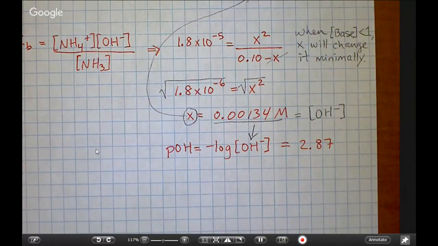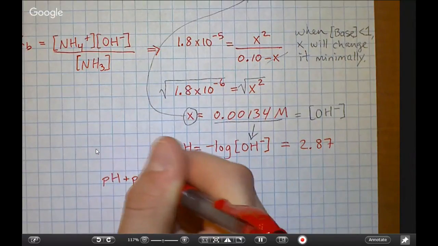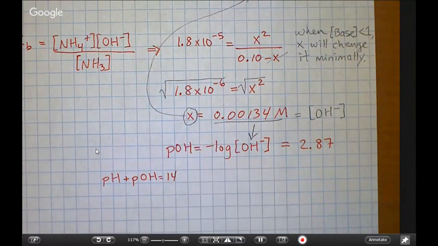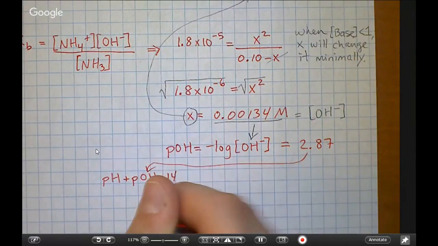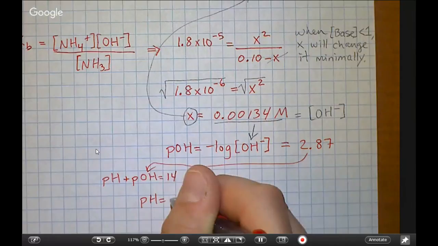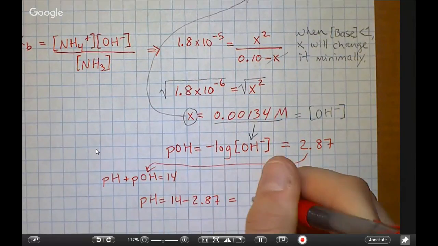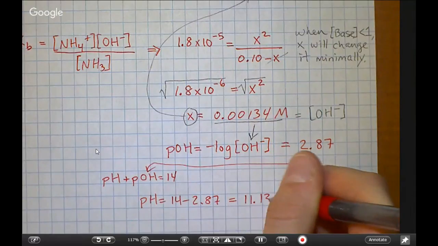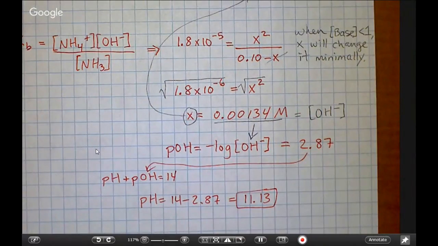We want to find the pH. What do we do next? Subtract from 14, right? So we remember pH plus pOH equals 14. Plug this into here. So pH will be 14 minus 2.87, which comes out to 11.13, which makes sense because we're dealing with a base, right?